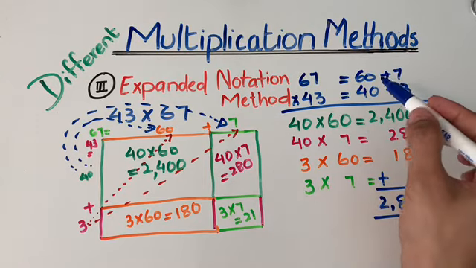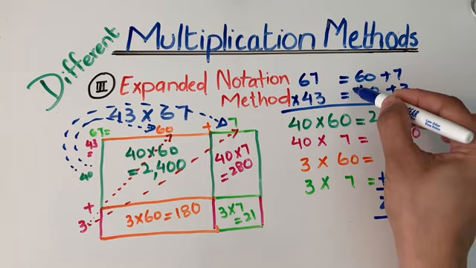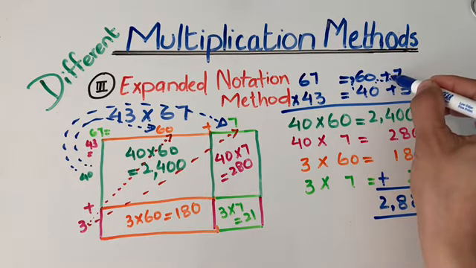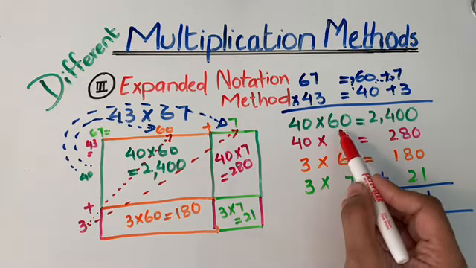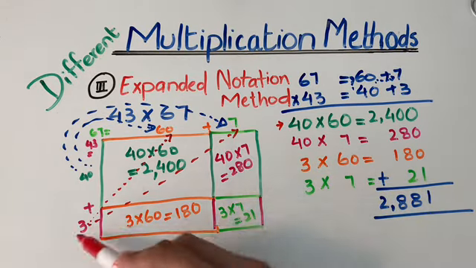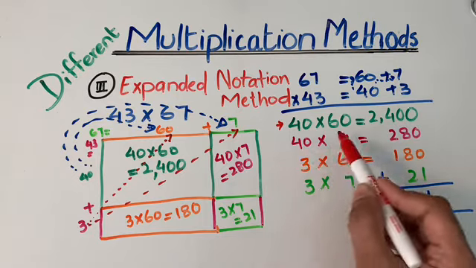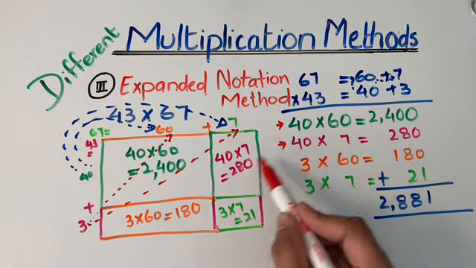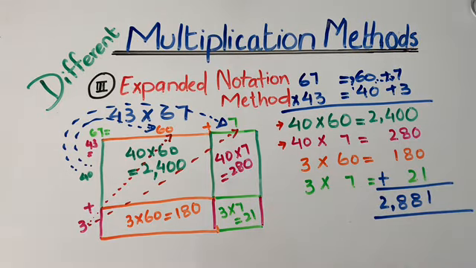So first we're going to multiply 40 by 60, and then 40 by 7. So this is 40 times 60 and then 40 times 7. This is the calculation when we multiply 40 times 60, and this calculation shows this section, 40 times 7, which is 280.